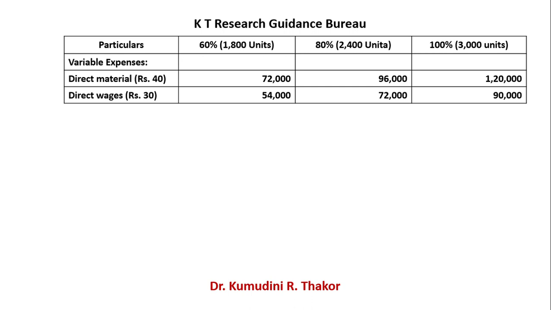At 60% your units are 1800 multiplied by 40. For 80%, 2400 into 40 and 100%, 3000 into 40. So you will find the answer. And for 60 and 100 it is given. For direct wages it is 30 rupees. So 60%, 80% and 100% you can find easily.